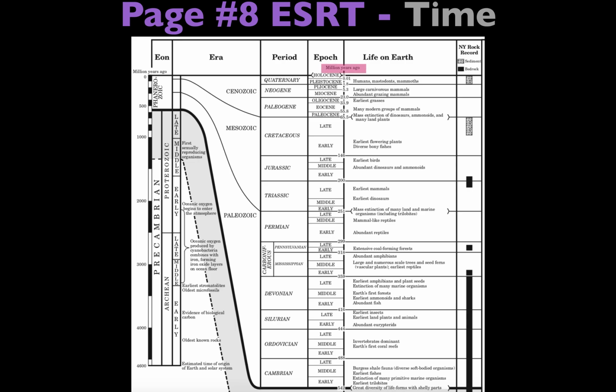Luckily, the units are still the same. It's in millions of years ago. We have the present at the top, the past at the bottom. But this time, as we go to the bottom, our time is 542 million years ago. And if we follow that curve, we're going to notice that that's exactly when the Phanerozoic eon began, 542 million years ago.